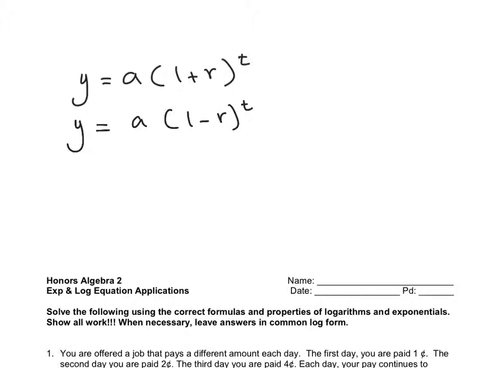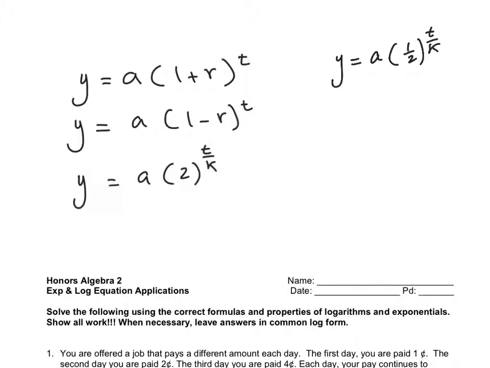Now if we have a doubling problem, then it's going to be y equals a times 2 to the power t over k, where k represents the doubling time, y the final amount, a the initial amount. Now if this is a half-life, then the equation is going to be y equals a times one half to the power t over k, where k in this case represents the half-life time.